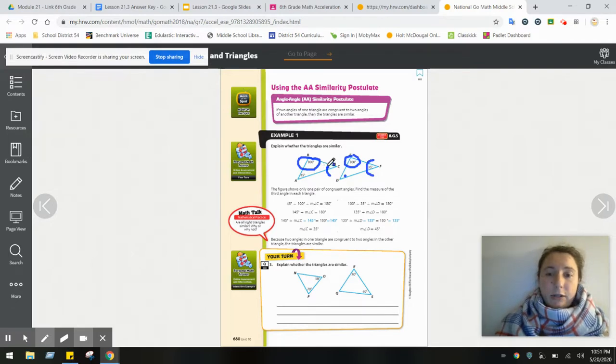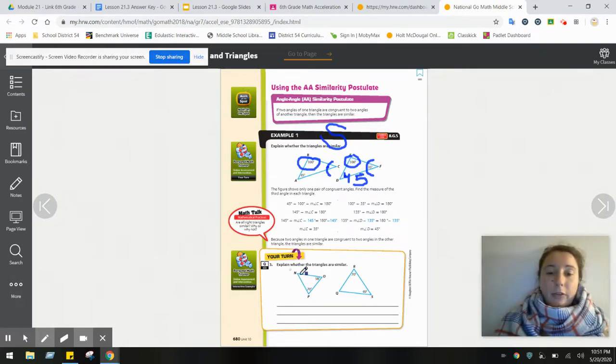And if this is 35 and 100, then 45 is going to be my missing angle D. And because the two angles in one triangle are congruent to two angles in this other triangle, we can call these triangles S for similar.